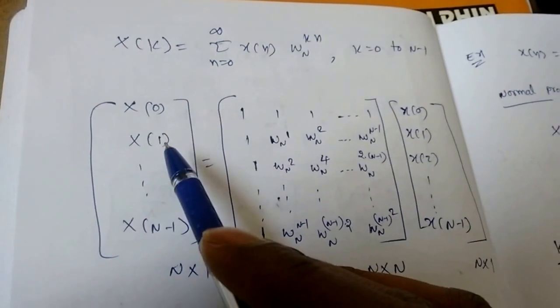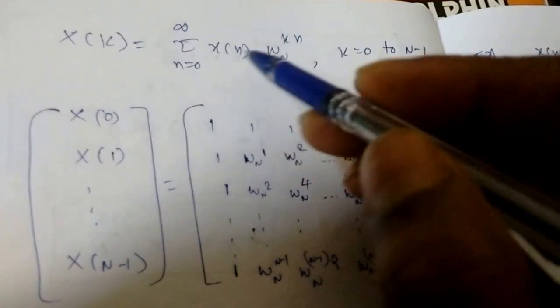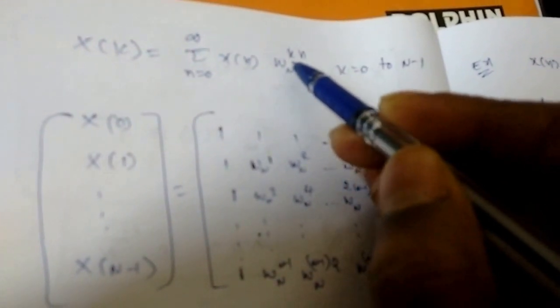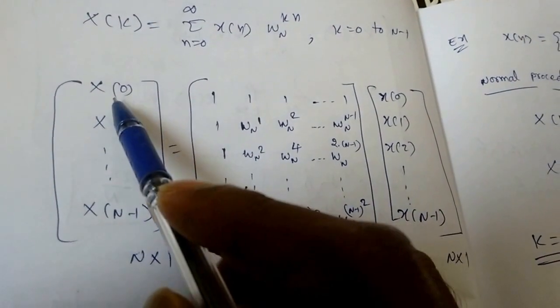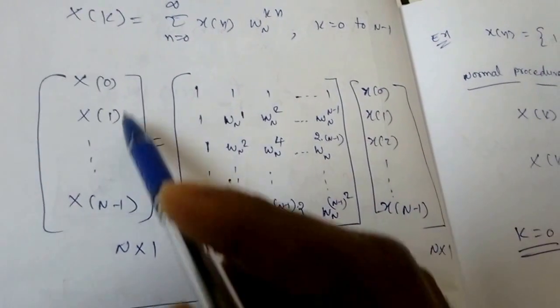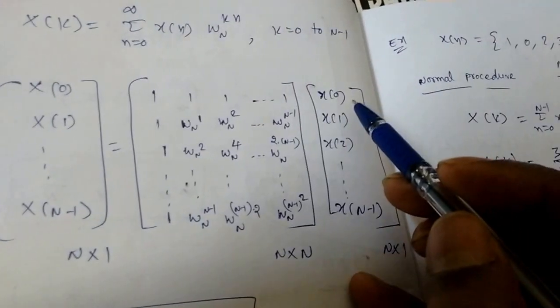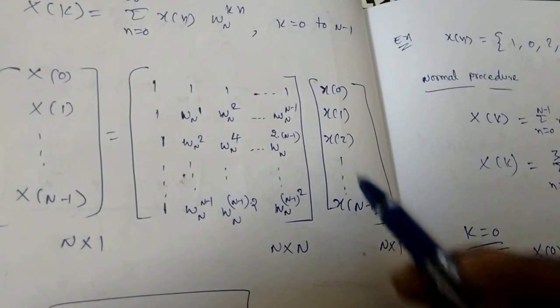Next, we'll see another approach to find the DFT. If I use this formula, it will be a lengthy procedure. The other way of doing it is, this W_N power kn I will replace like this. I need X of 0 to N minus 1 as the DFT, and this is the given signal.